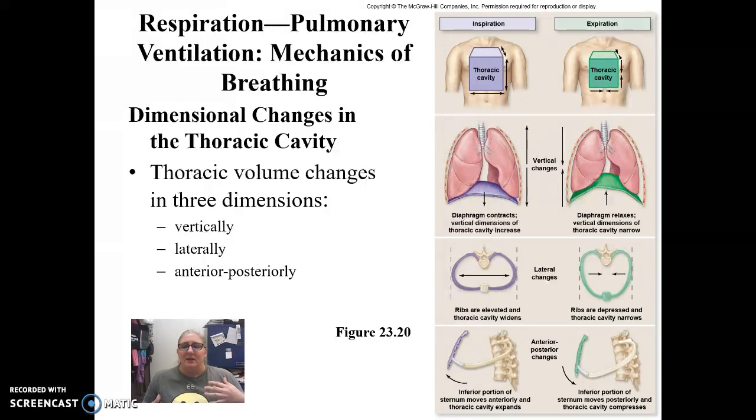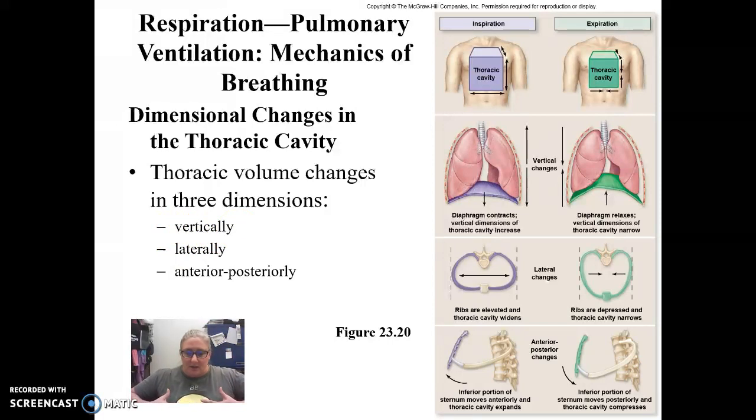So to be able to breathe, we have to increase the size of the thoracic cavity because breathing is associated with pressures. And so if we decrease pressure, we can increase our lung size. Make sense? So when we breathe, we're going to move the thoracic cavity in 3 different dimensions.